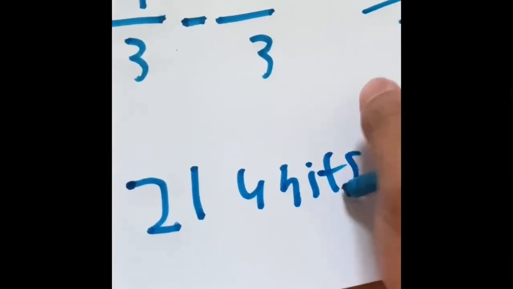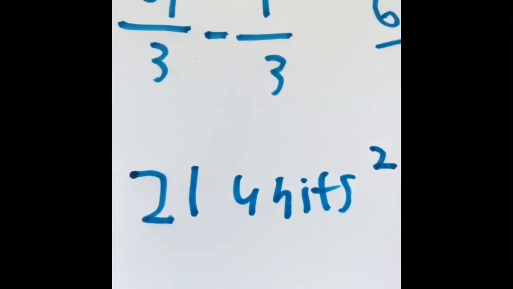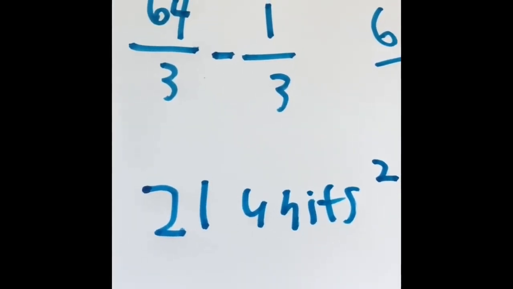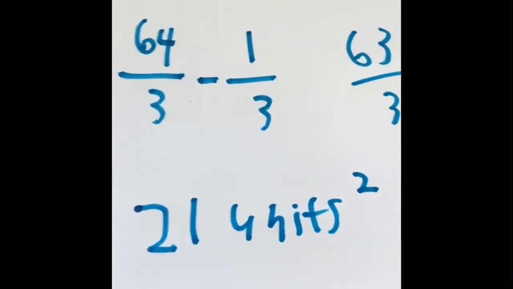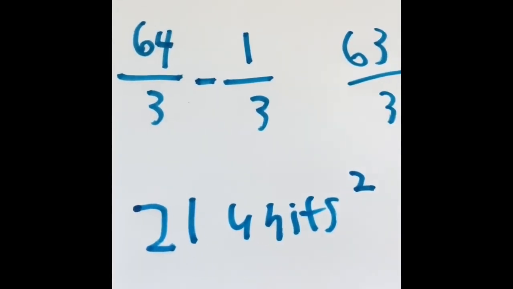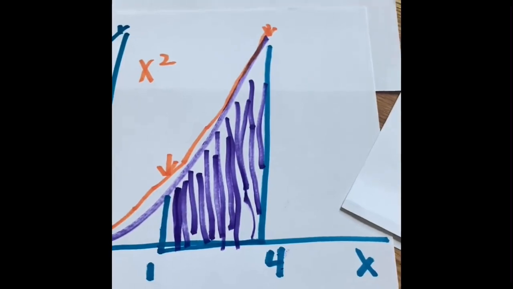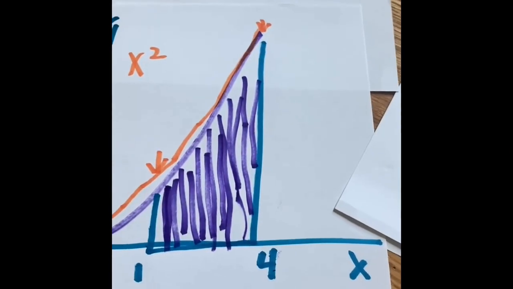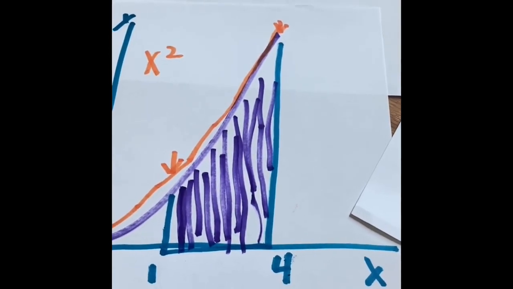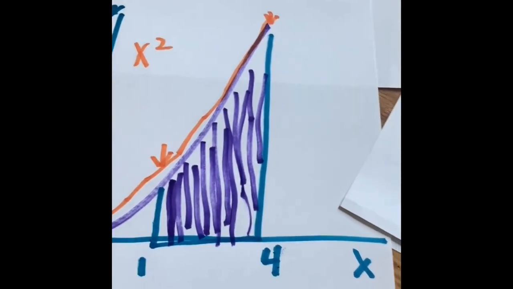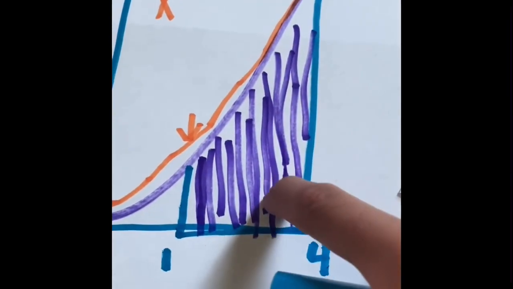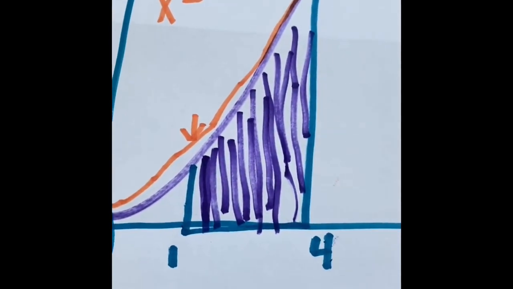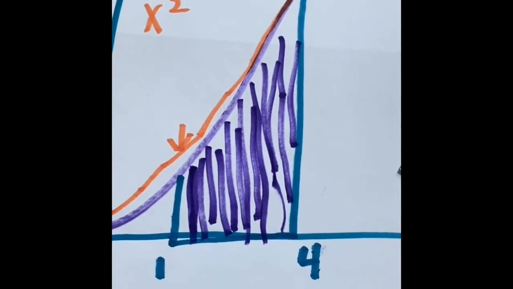units squared. The thing is, we say units because we never really added inches or feet or meters. But squared because it's a 2D shape on a graph. A graph with an x and y is going to be a 2D thing. And not only that, 21 units squared is the exact area of this irregular figure right in front of us.